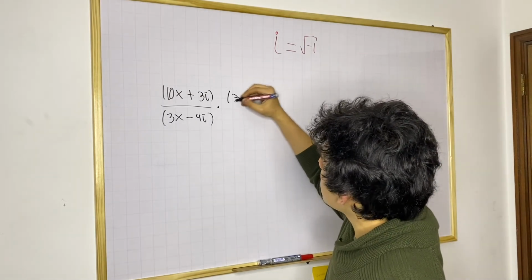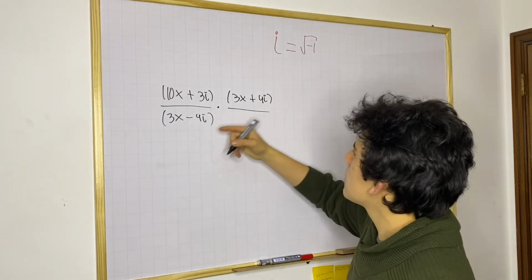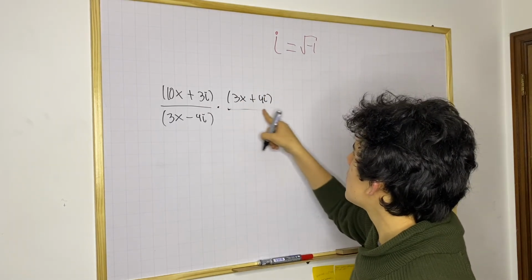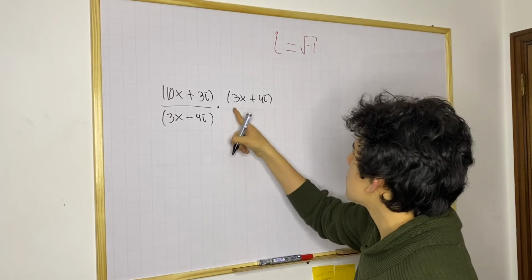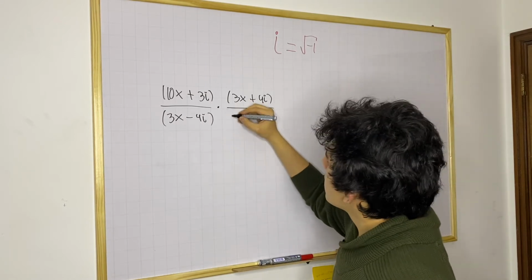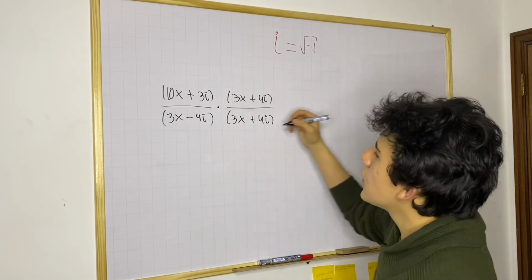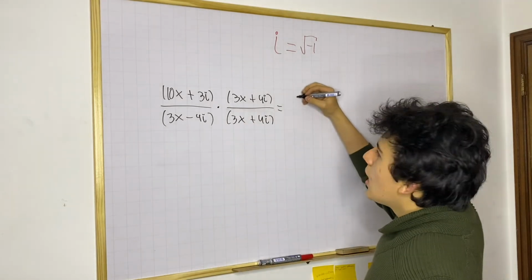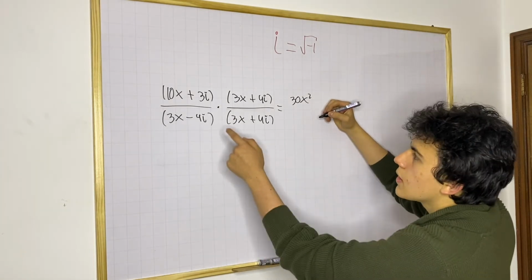We'd have 3x plus 4i over, let me rewrite this so we use a bit better space. 3x plus 4i. Now let's FOIL everything. So we would get 30x squared on top.